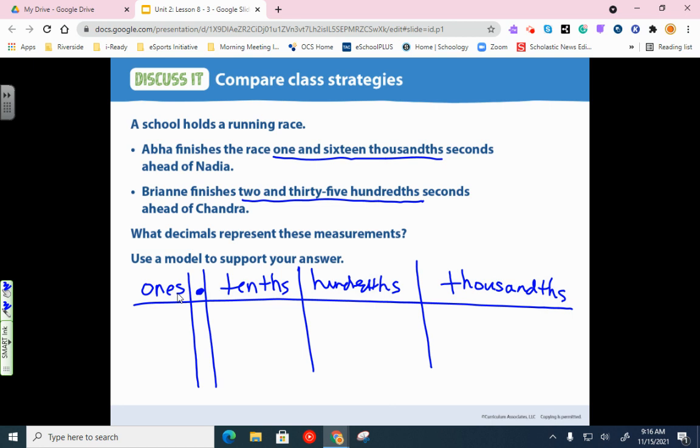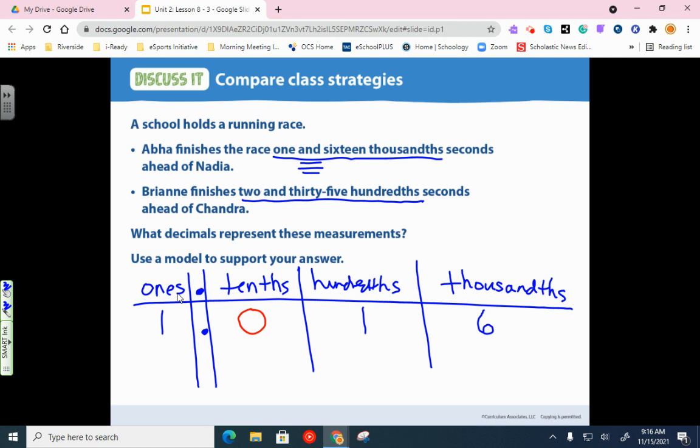We have 1 and 16 thousandths. So if it's thousandths, our last digit is going to be in the thousandths place. And we're talking about 16, so it's going to sit like that. We have nothing here in the tenths place, so we know to put a 0 in there to fill in those gaps.